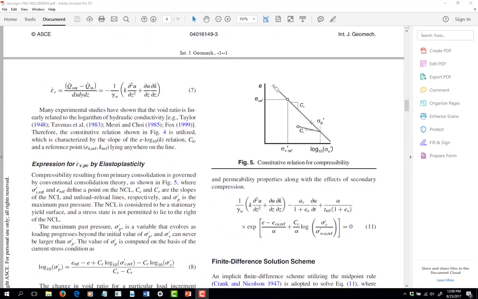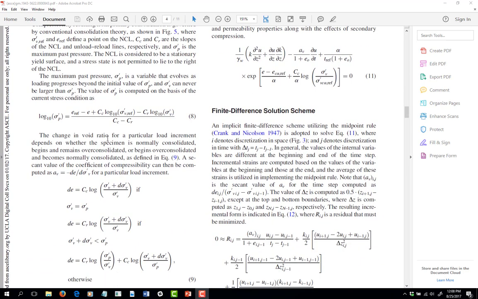You have the normal consolidation line with a slope of C sub C. Recompression or unload reload line has a slope of C sub R. And then you define that, and of course you can never be on the right side of the normal consolidation line. So the code is capable of handling a condition where you start out over consolidated, then you reach the NCL and move down the NCL during the plastic loading phase or along the C sub C line.